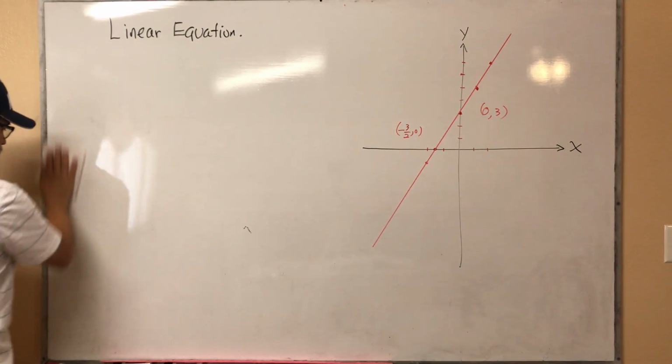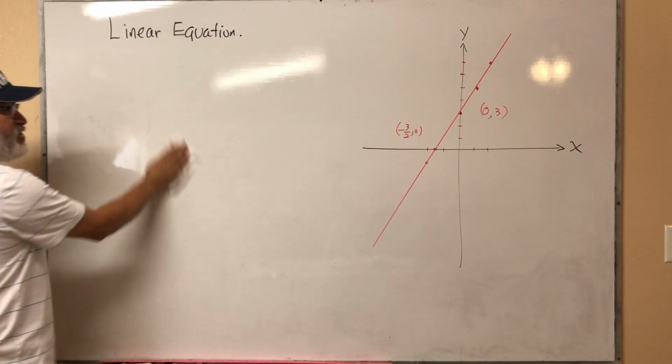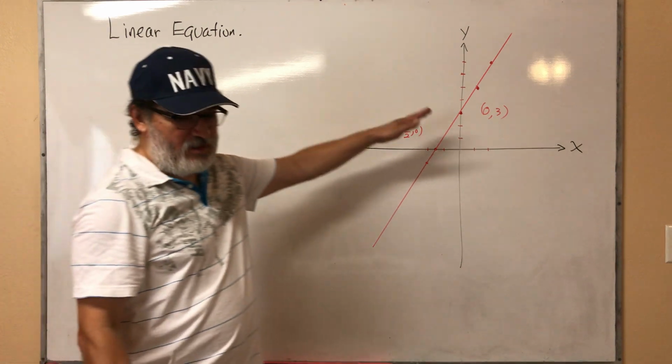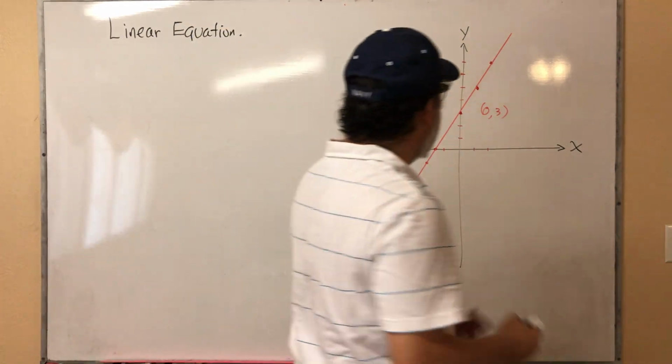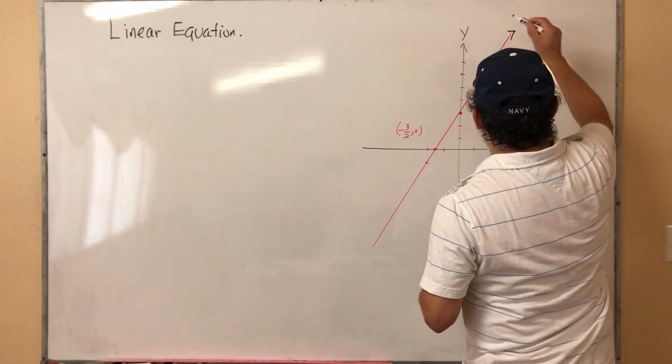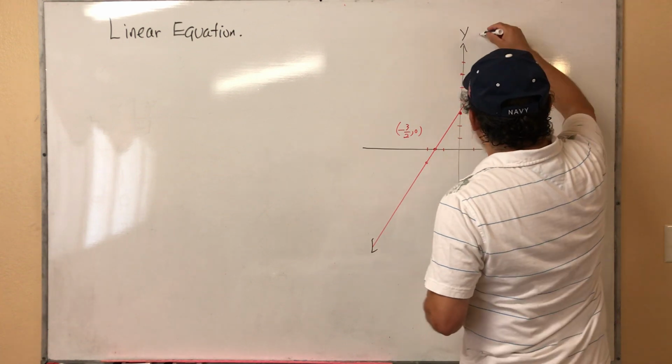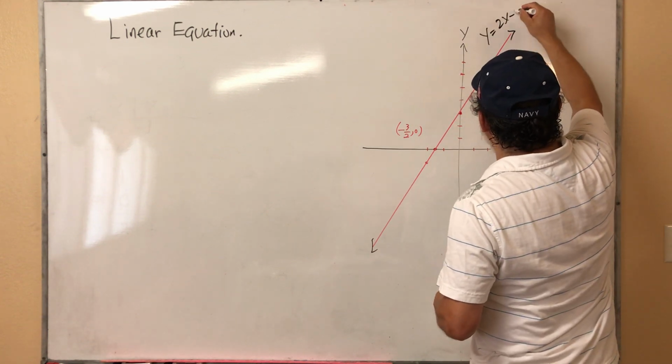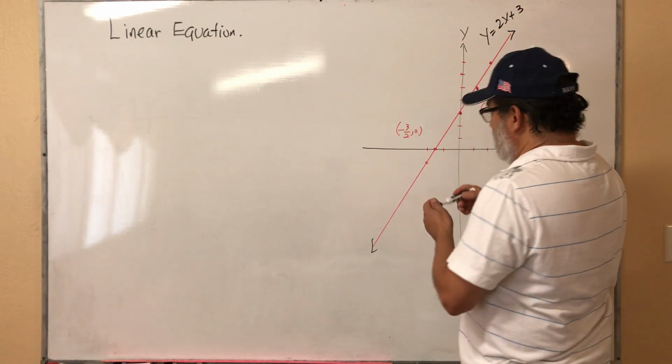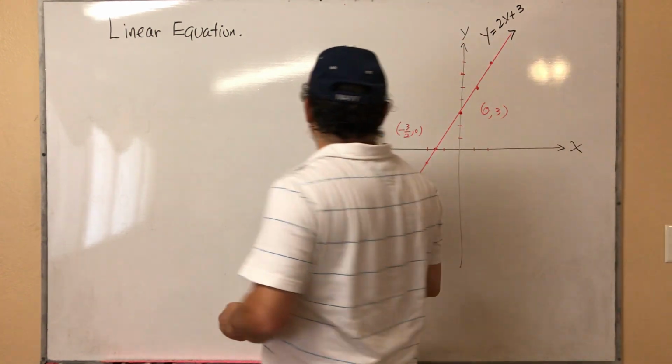By the way, this linear equation, the one we just did, what was it? It goes on forever and ever. Y equals 2x plus 3. This linear equation is increasing.